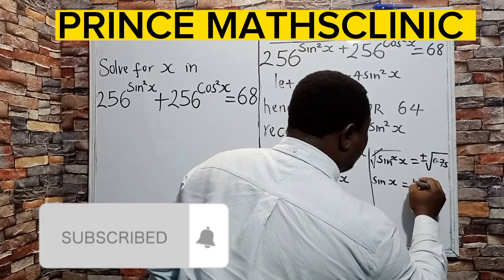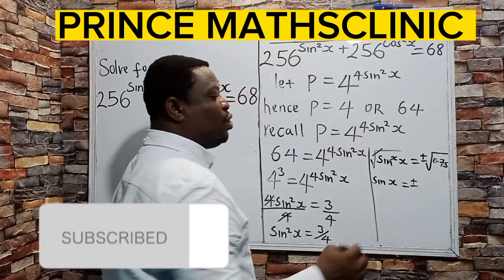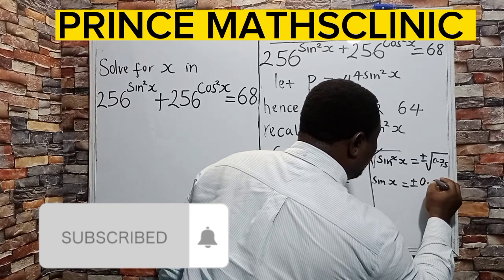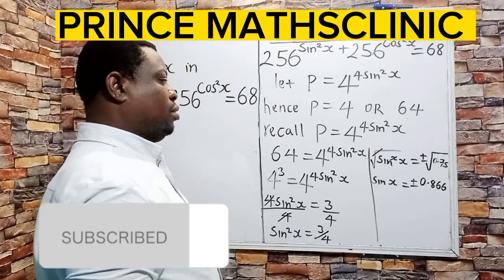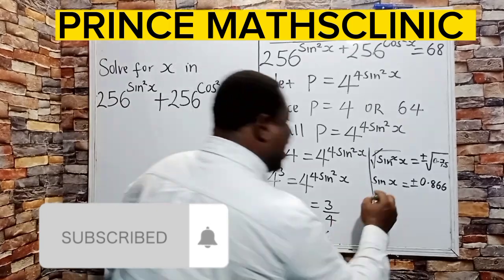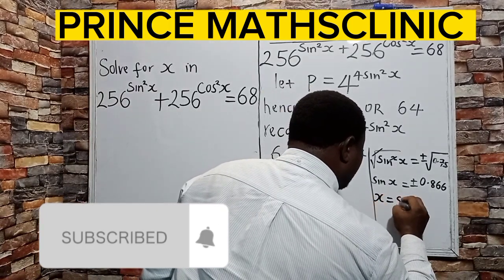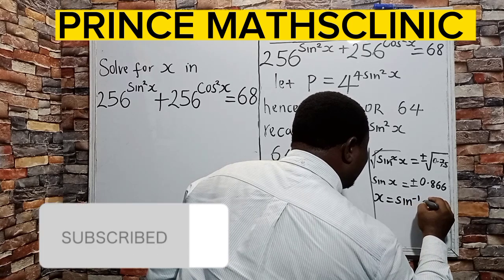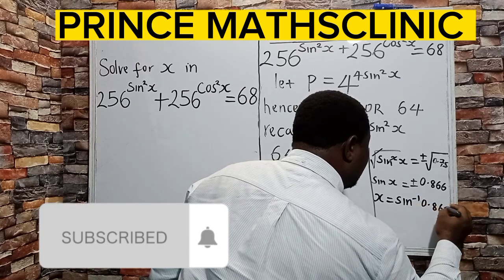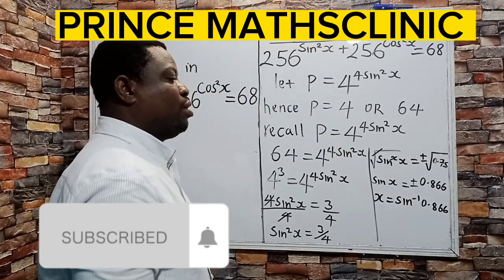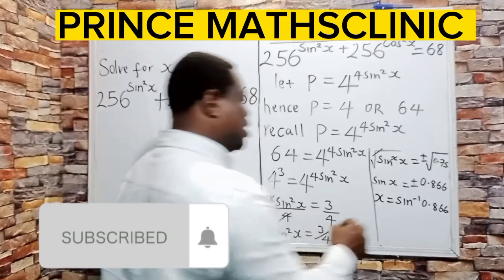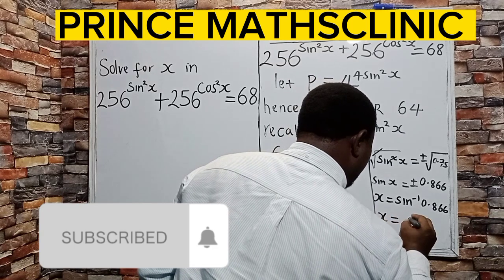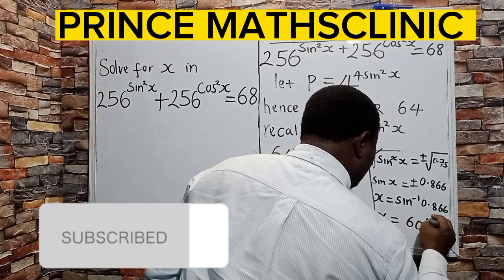If you take the square root of 0.75, you will have 0.866. Then it means that my x will become what? The arc sine of 0.866. Punching your calculator, arc sine of 0.866 gives you what? 60 degrees.